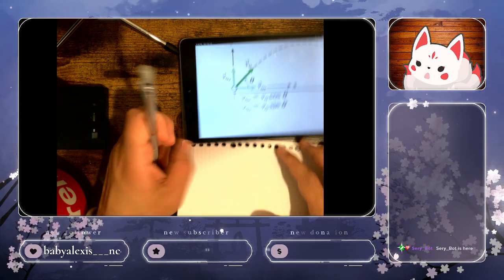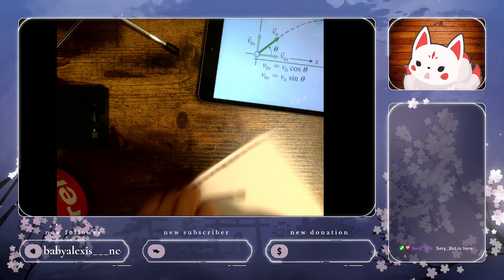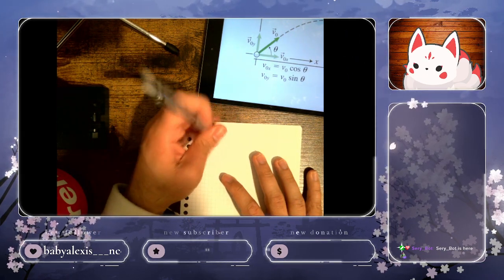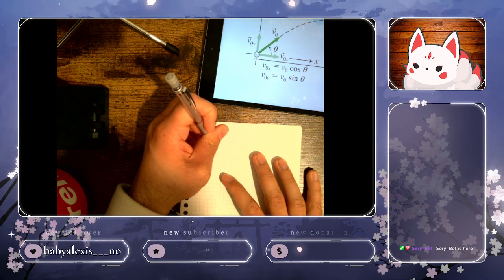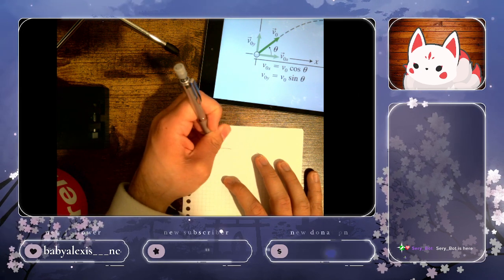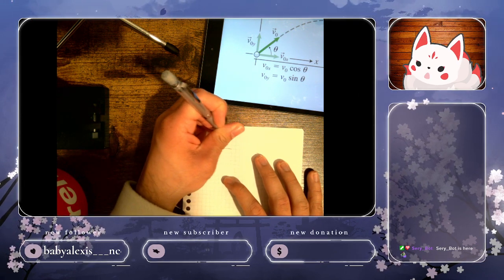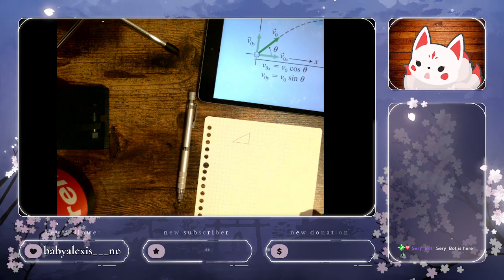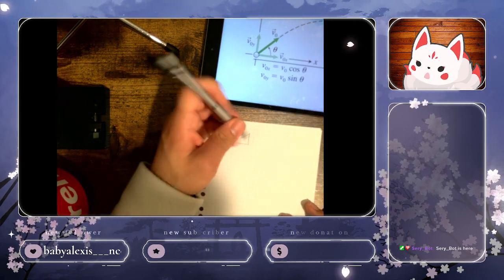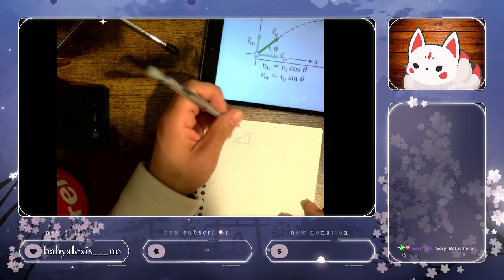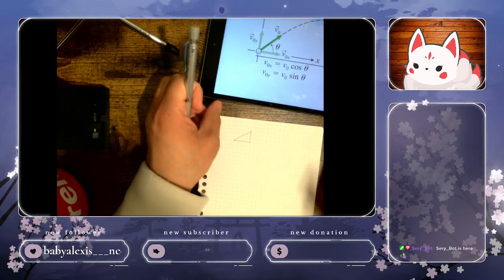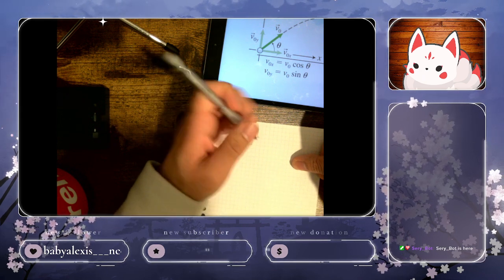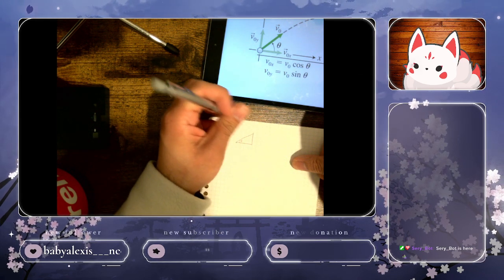And you may have learned about the, here, let me draw it. This one's pretty simple. Sine, cosine. I haven't done this in a while myself. So that's theta, sine, Vy.